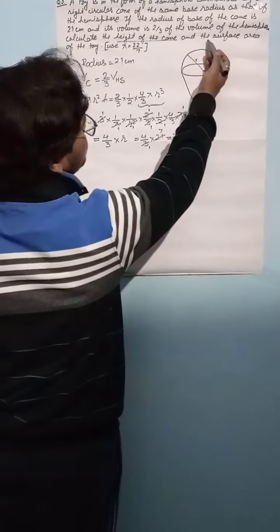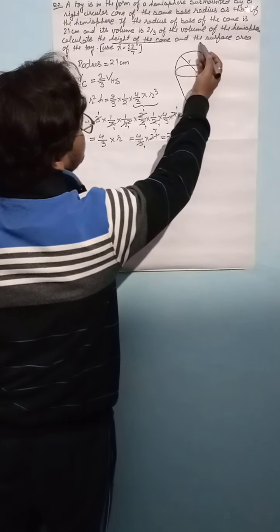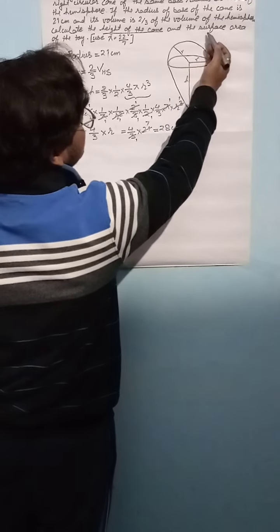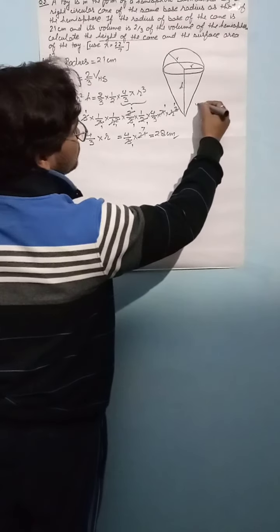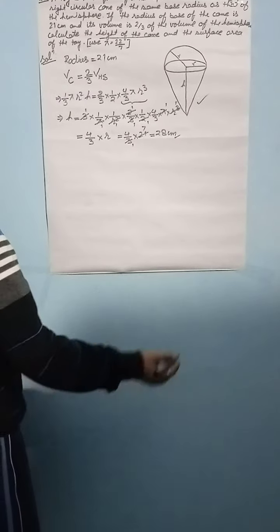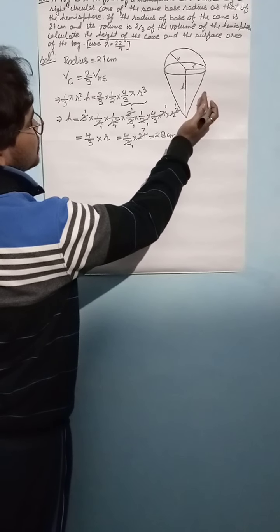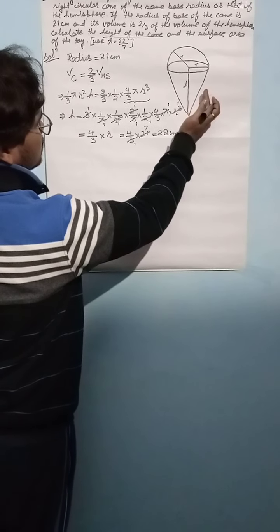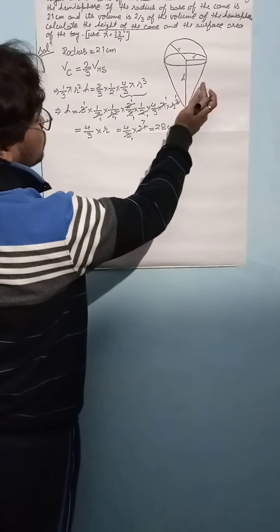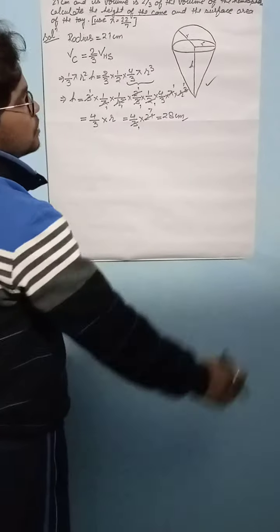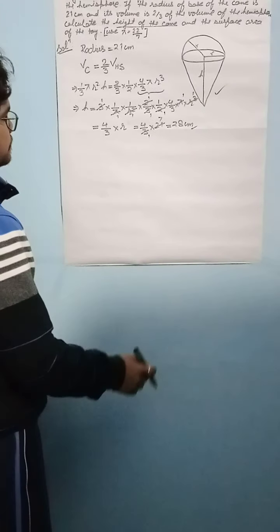Now we have to solve the other part, the surface area of the toy. Surface area of this toy is the curved surface area of the cone and the curved surface area of this hemisphere.